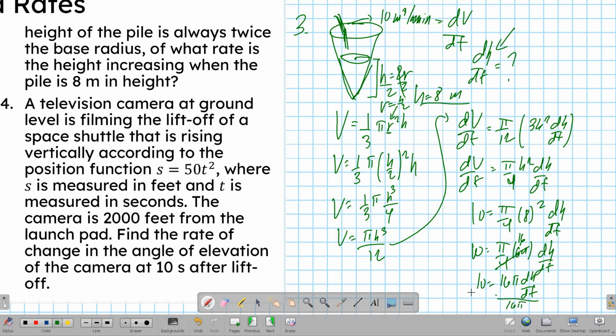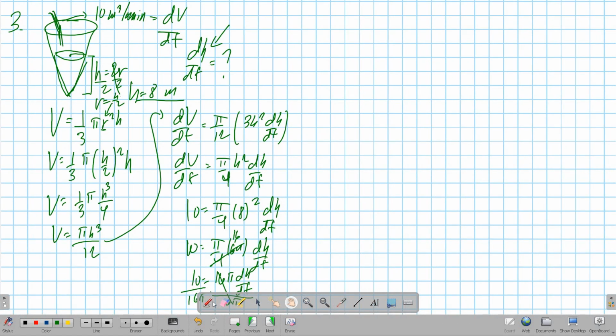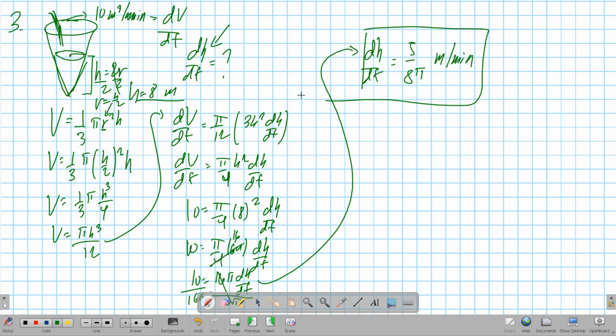Dividing both sides by 16 pi to solve for dh over dt. Therefore, dh over dt will then be equal to 5 over 8 pi meters per minute. At the height of 8 meters, the height has been changing at 5 over 8 pi meters per minute.